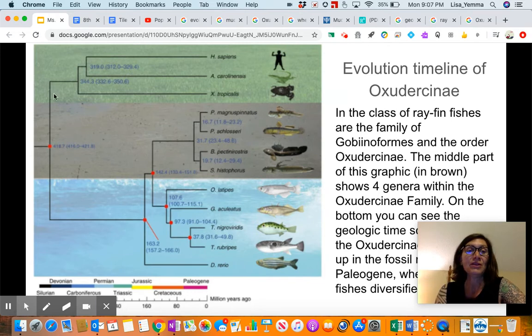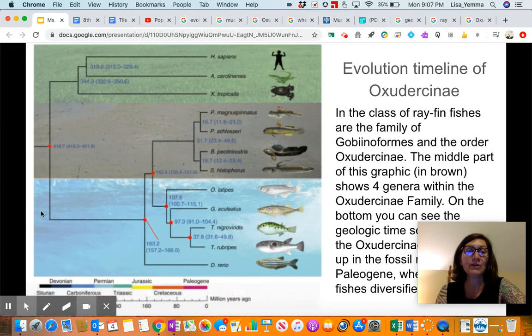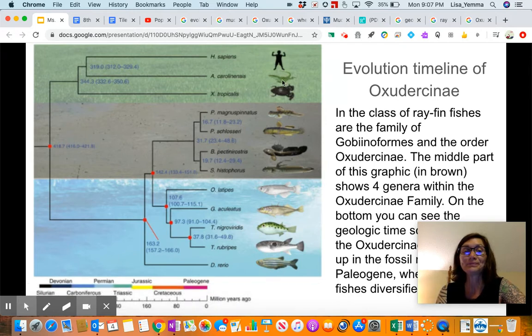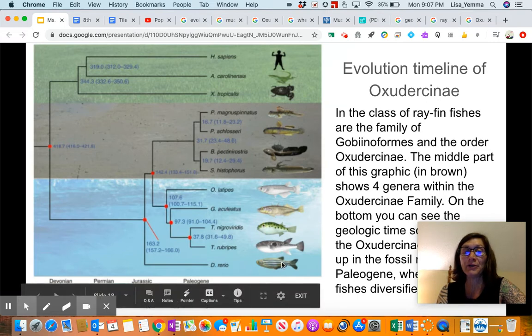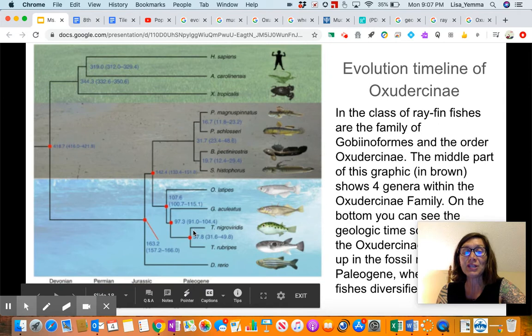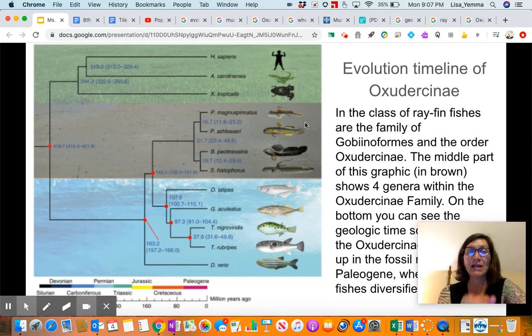So this whole thing back in the Devonian was the early fishes. And you can see up in this part is the tetrapods. Down in this part are other ray-finned fishes. And here's where the mudskippers evolved. And you can see where they first appeared is in the Paleogene, which is after the Cretaceous. And so when that little bar leaves, you can kind of trace your line down to that.